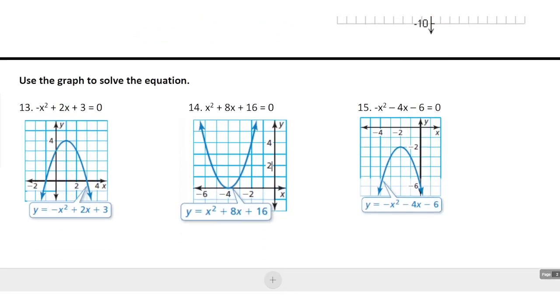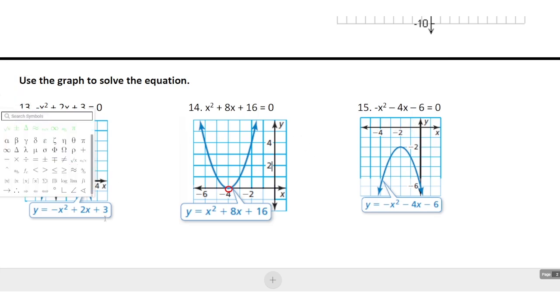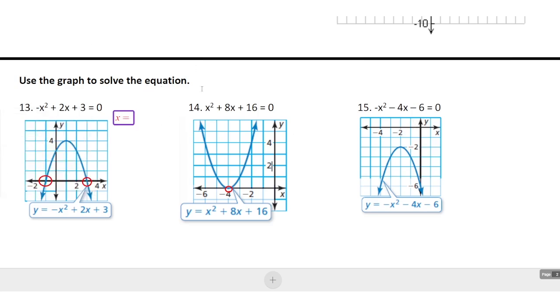Numbers 13 through 15, we're asked to use the graph to solve the equation. So we have the related equation up here and the graph. And so really, since all three of these are equaling 0, just like at the very beginning, we're just trying to identify the x-intercepts. So we've got the x-intercepts here, got 1 on negative 4, and then for number 15, there's just nothing. So for this one, we got x equals either, let's move this out of the way, negative 1 or 3.